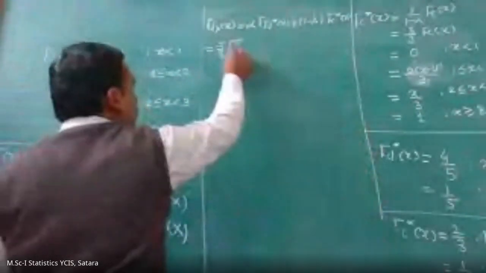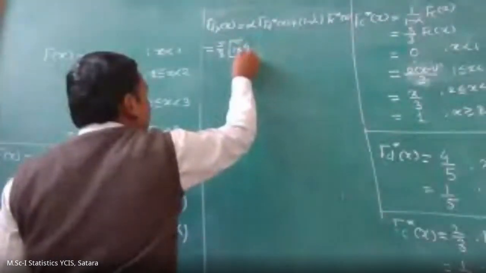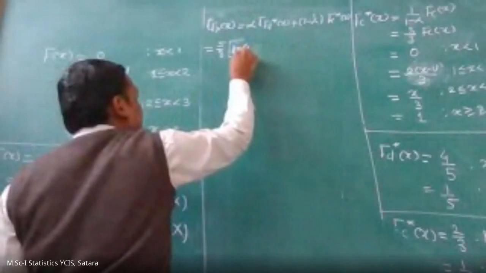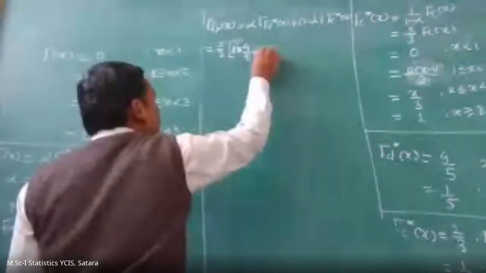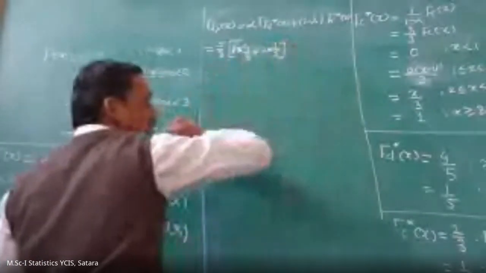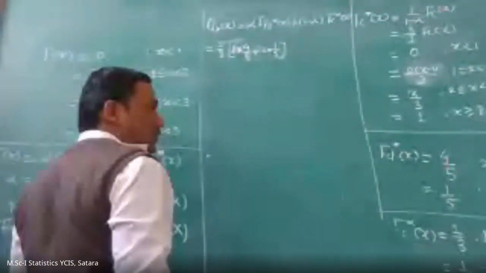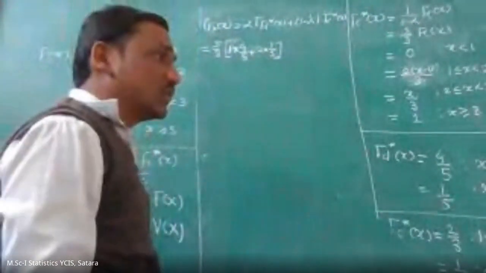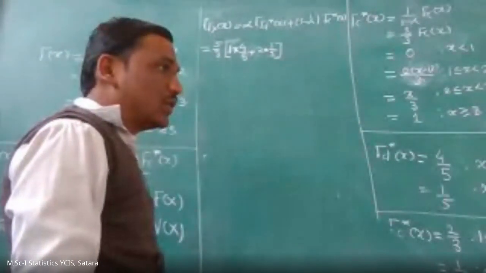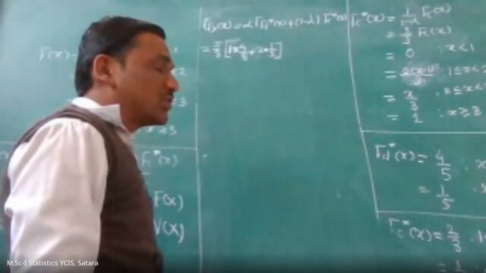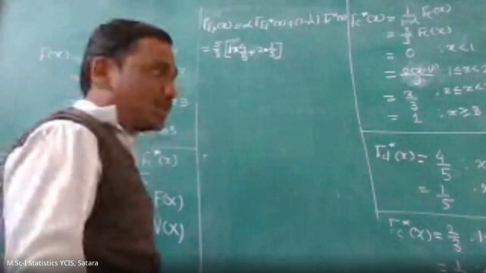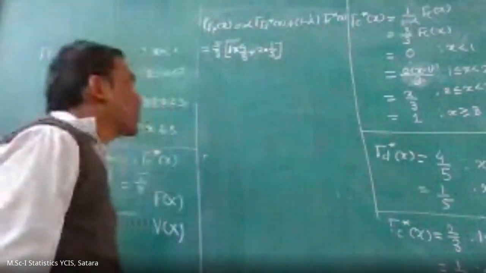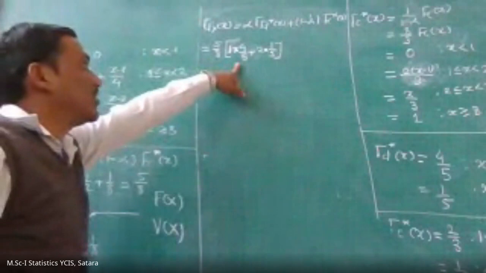So 1 into 4 by 5 plus 2 into 1 by 5. So this is nothing but the expected value of f star of x.